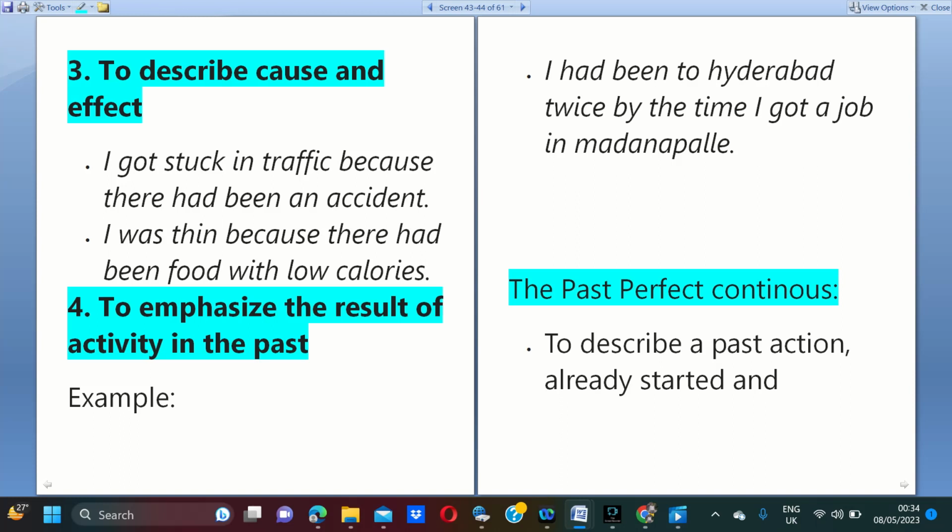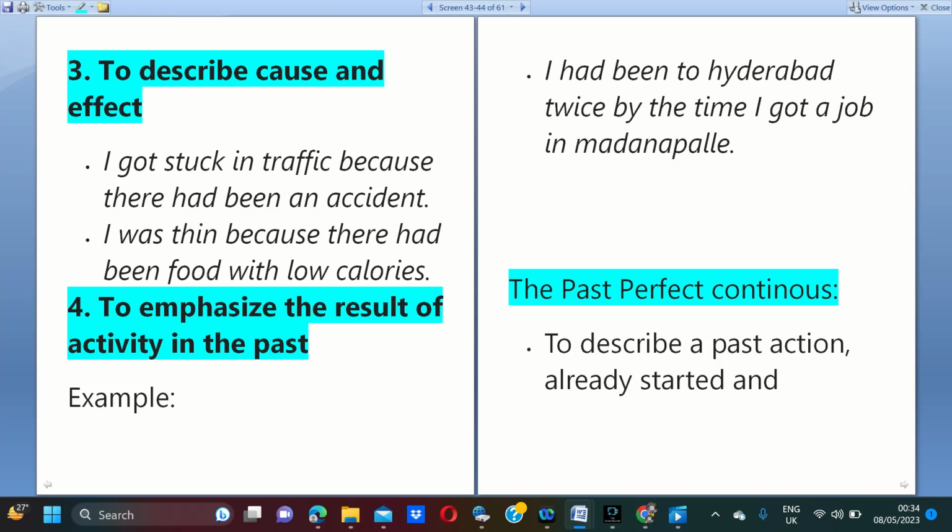I was thin is the effect because there had been food with low calories. It is the cause. Here, cause can be kept with past perfect. Result or effect can be put in simple past.